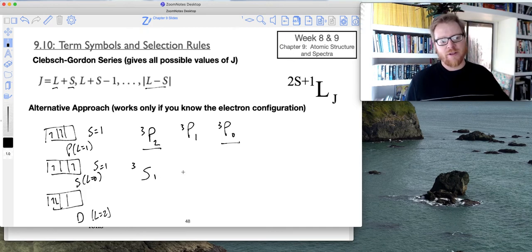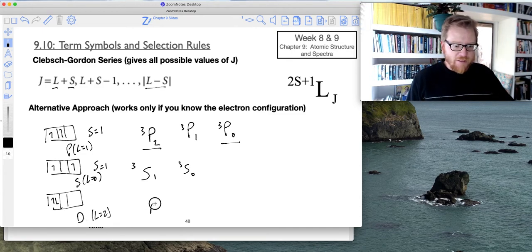So the only possibility is, or excuse me, there are two possibilities, 3S1 and 3S0. And now finally, if we look at this D state, we've got the letter D right there. We recognize that this is now a singlet because they're paired up. So S is equal to 0. And so now I could have a singlet D2. I could have a singlet D1 and a singlet D0.